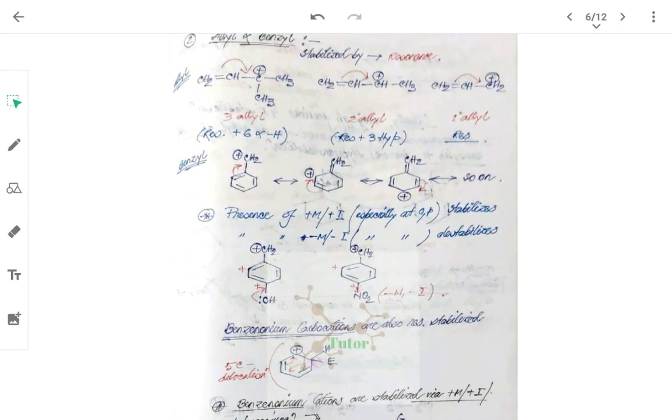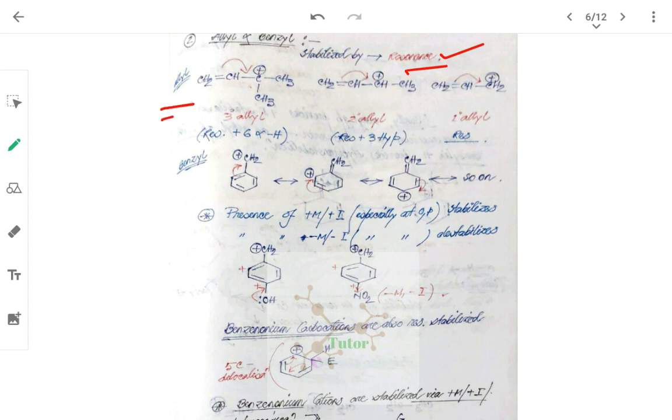Now, in the case of allyl and benzyl carbocations, they are stabilized by resonance.